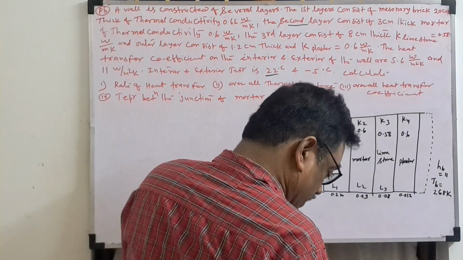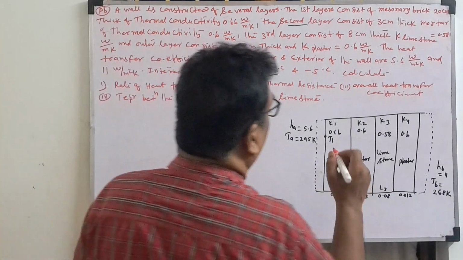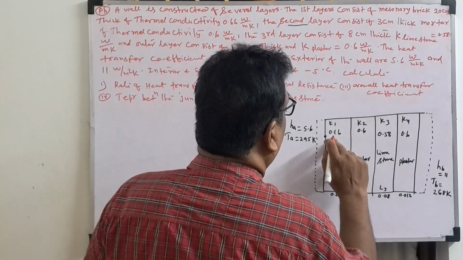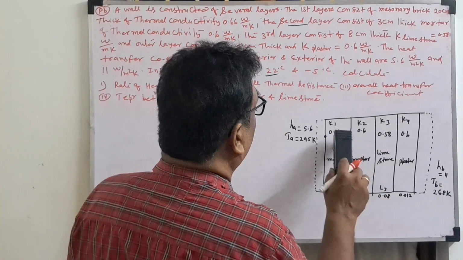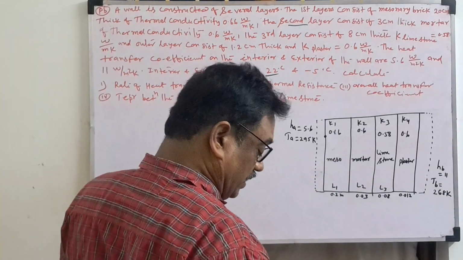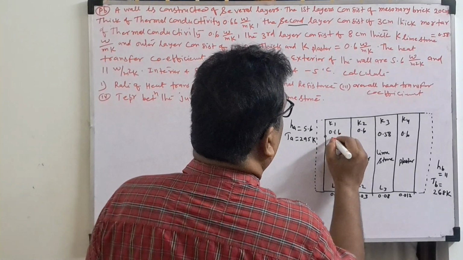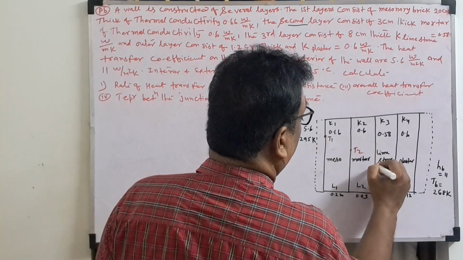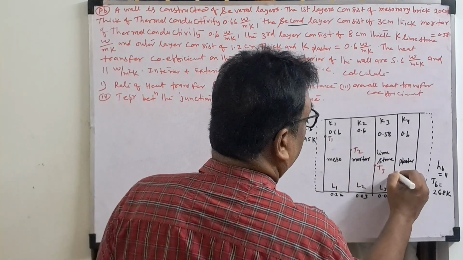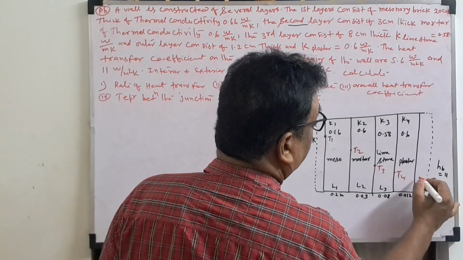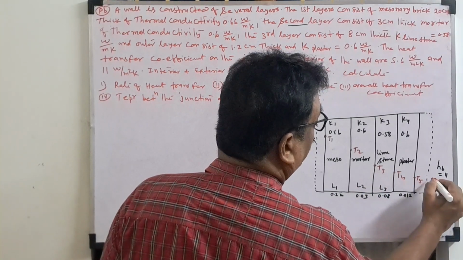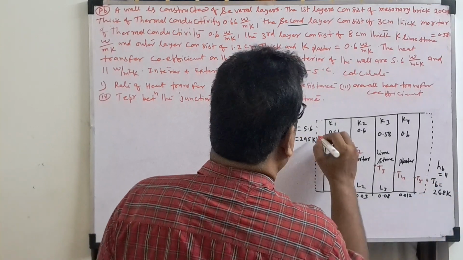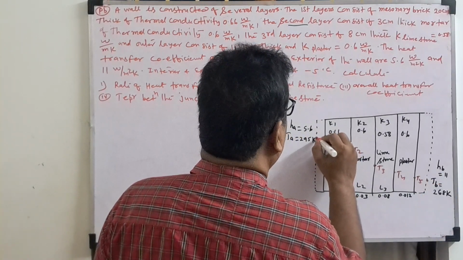We will write in some different colors, it will look good. All the interface temperatures I am going to write here. But whichever temperature they ask, that you have to find out. So this is T1, this is T2, this is T3, this is T4, this is T5, this is TB, and here is TA.